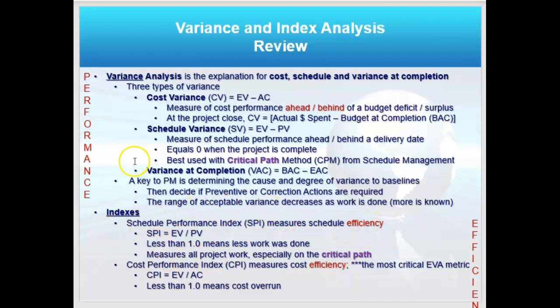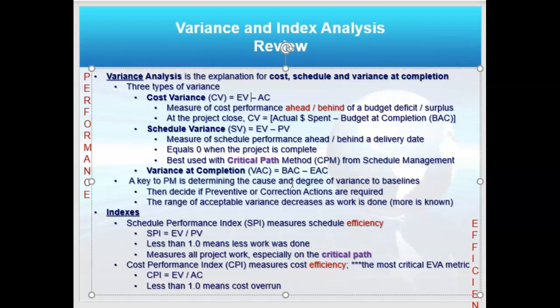And your indices. Notice that cost variance is EV, earned value, the work done, minus the actual cost, because it's a cost variance. And because it says variance, it has the subtraction symbol. Schedule variance, there are only three variables: EV, PV, and AC.